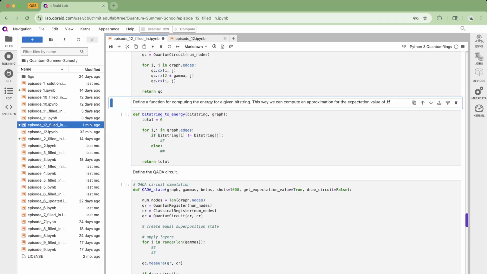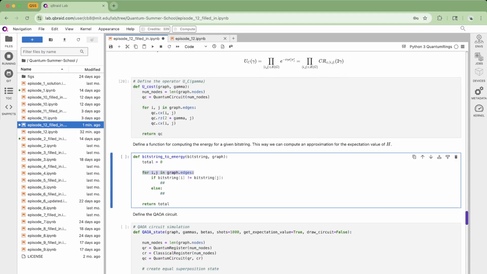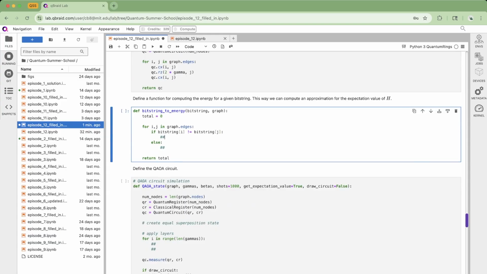So given a bit string, what is the cost of that? Basically we're going to loop through all of the edges in the graph. And like we saw before, if the bits are different from each other, that's good. That's energetically favorable, and we're going to reduce by 1.